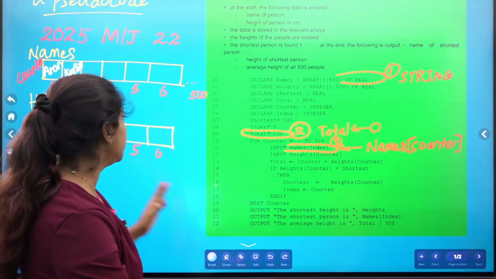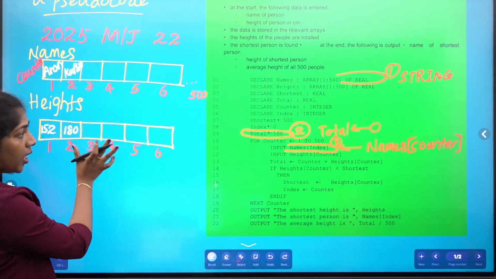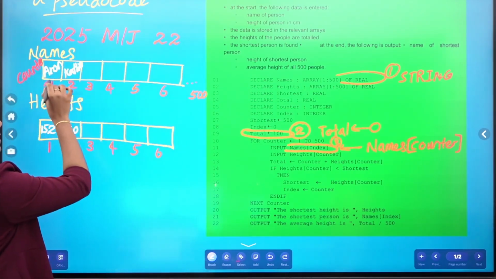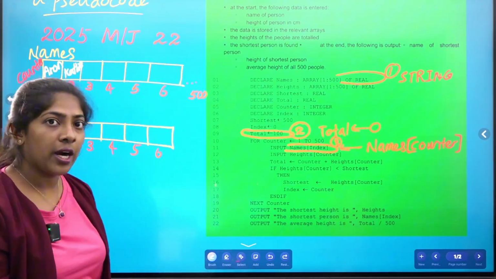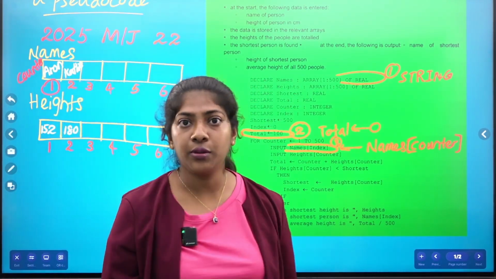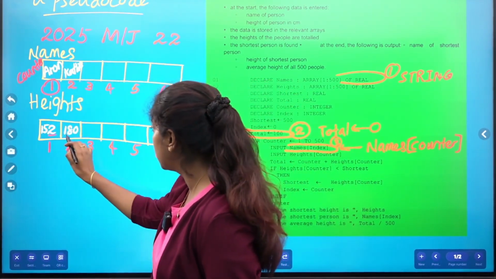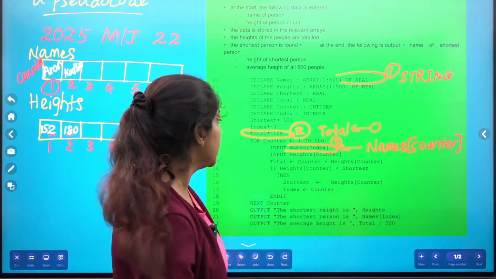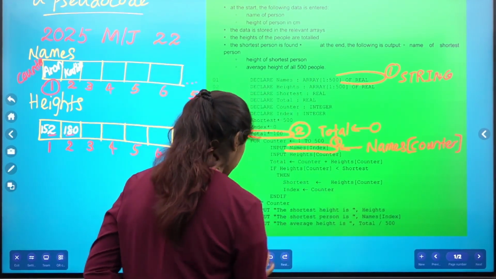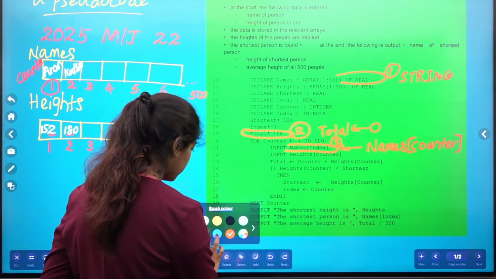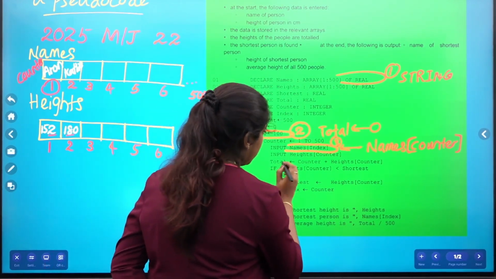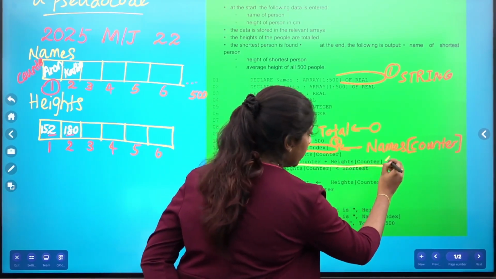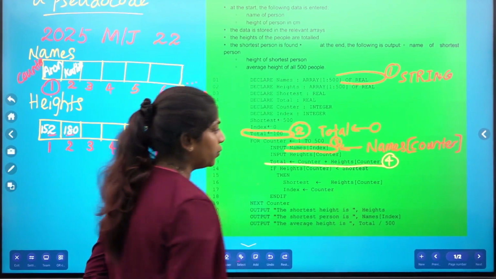You are going to find the total of all these height values. So what does counter mean? Are you going to add that? No, you are going to add these values and get the total. So this line gives you an error, the fourth one.